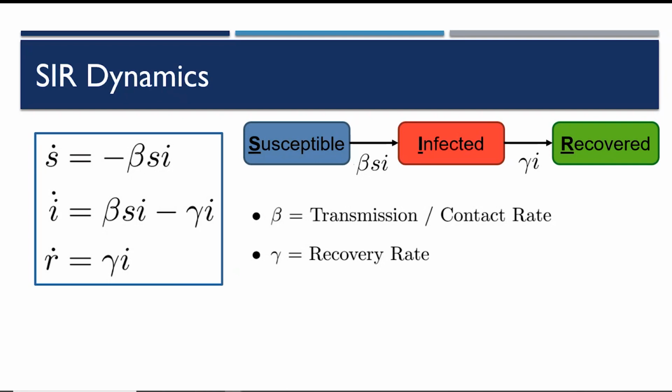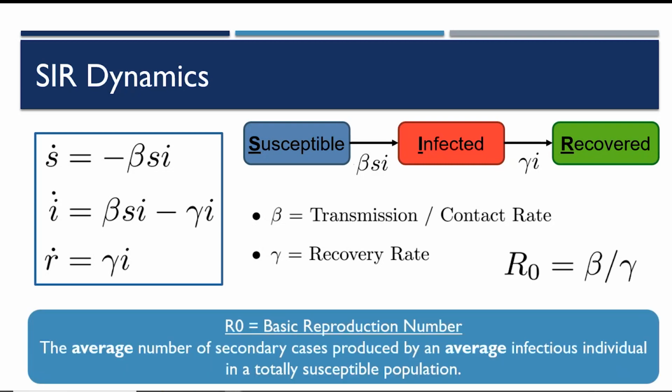You're either susceptible to the disease, infected by the disease, or recovered by the disease. And you can swap between these three classes by a transmission contact rate beta and this recovery rate gamma. And it's given by this system of ODEs over here. Of particular interest for this presentation is the idea of R0, the basic reproduction number. If anyone dares think back to COVID, they were waffling on about the R number constantly on the news.